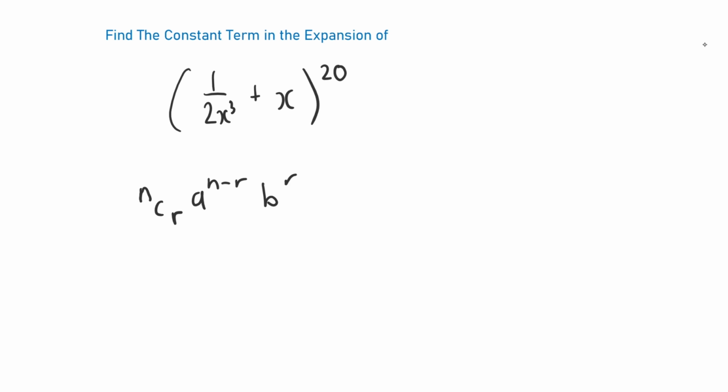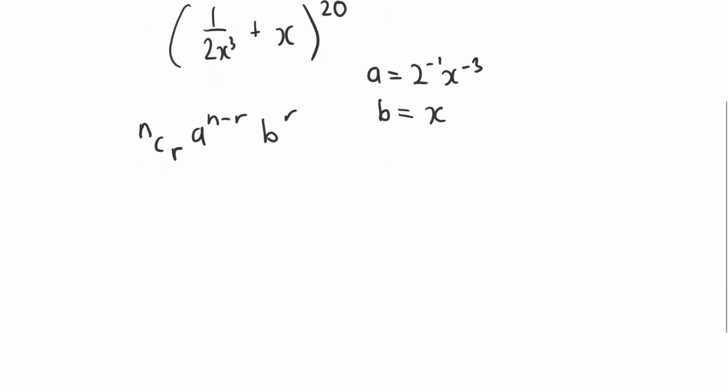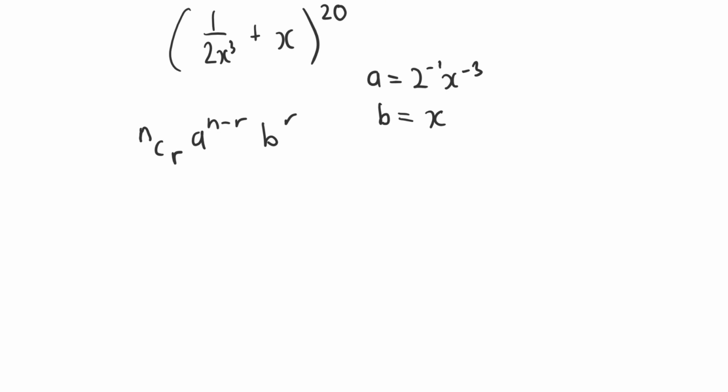Term a will be written as 2 to the minus 1 x to the minus 3. I'm just rewriting it as, getting rid of the fraction, and then b is equal to x. Keeping that in mind, we are going to begin with substituting these values into the formula.